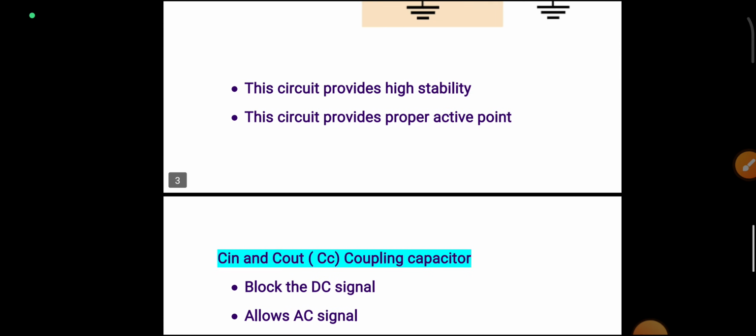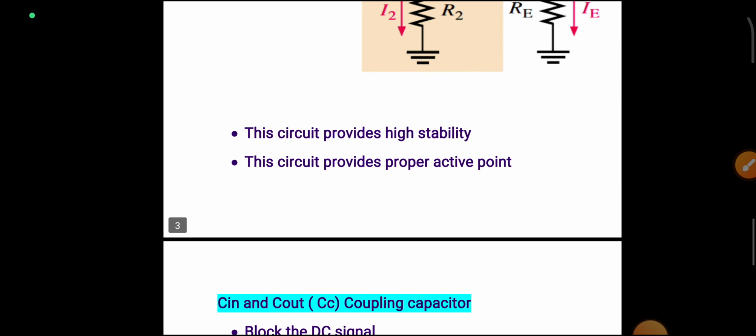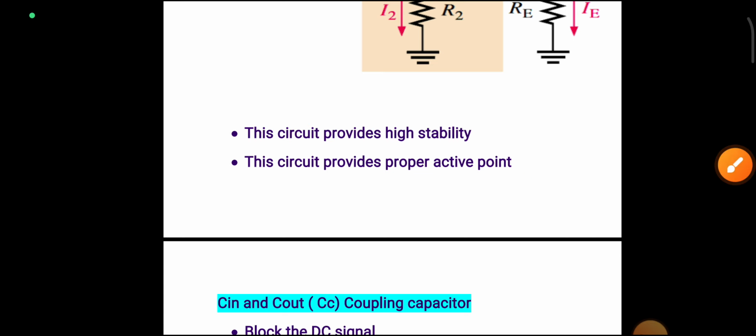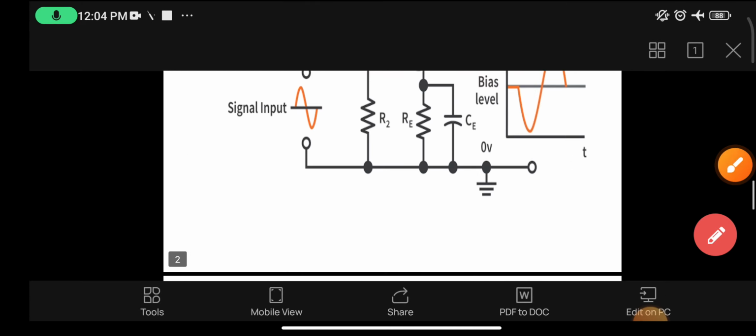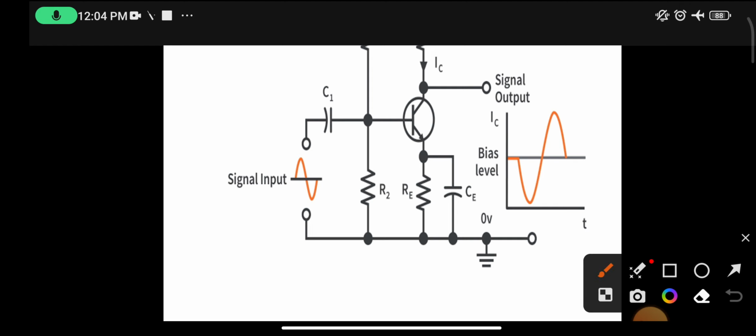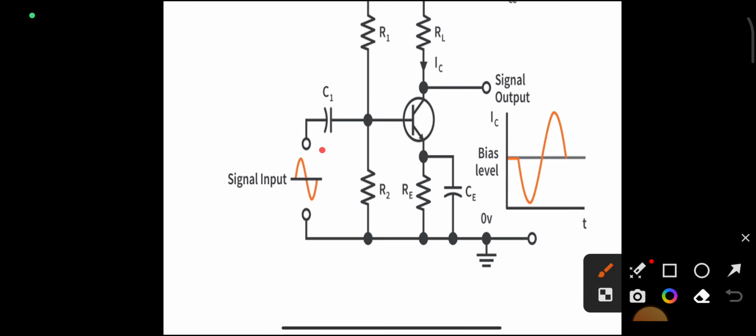Next, I already told that the circuit provides high stability and this circuit provides proper active point. Next, the small signal amplifier also contains capacitors. You can see here, and there is a capacitor here also.